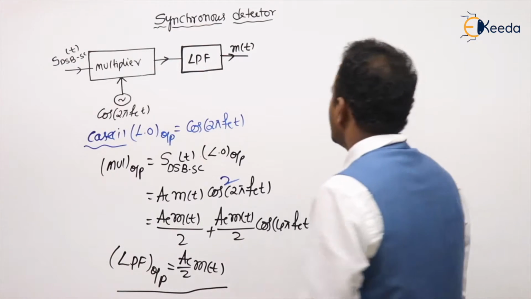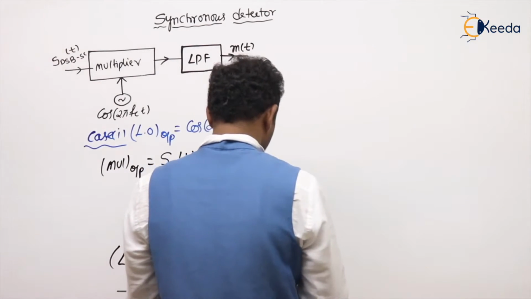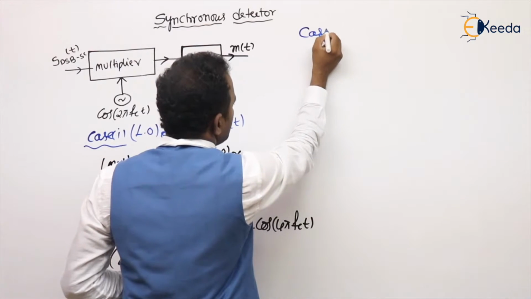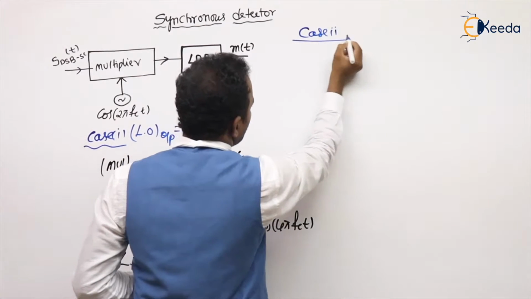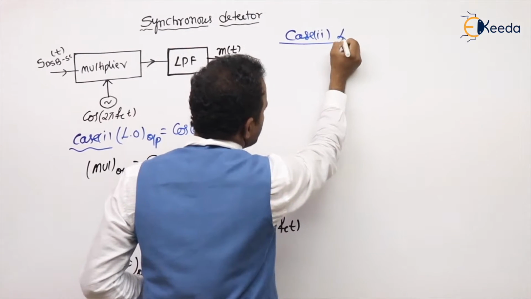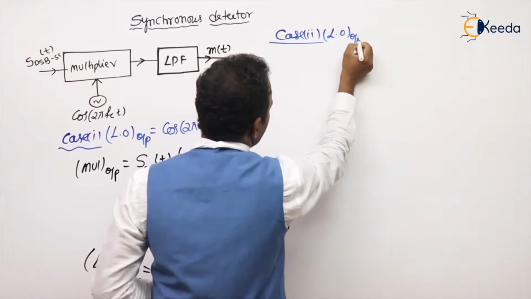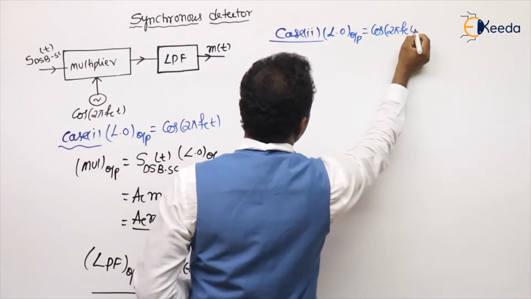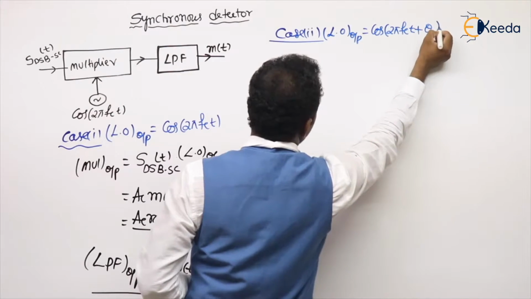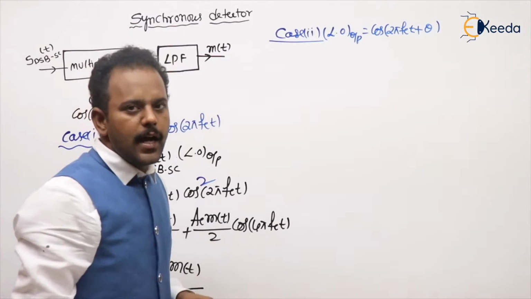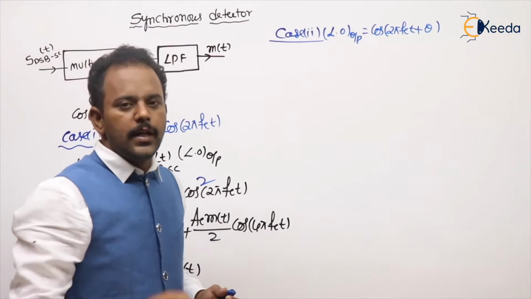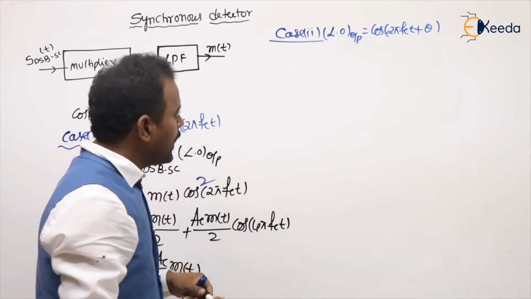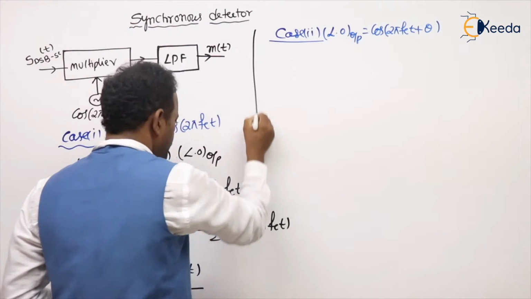Follow. So, case 2, having phase difference. The local oscillator output is cos 2 pi fct plus some theta, where theta is the phase difference between the locally generated carrier and the received DSBSC signal. Now analyze the thing.